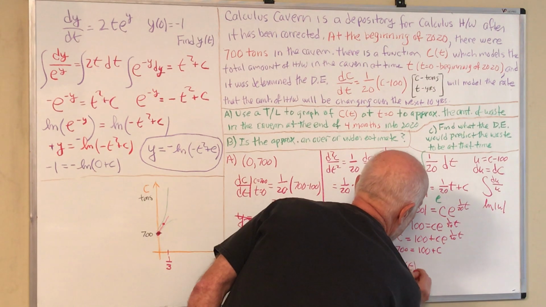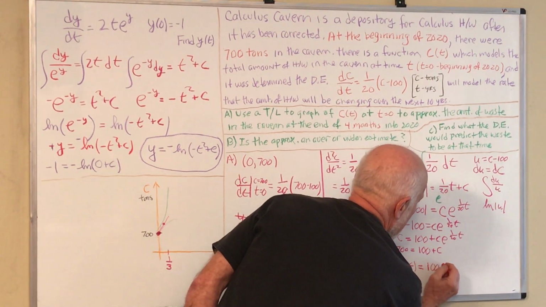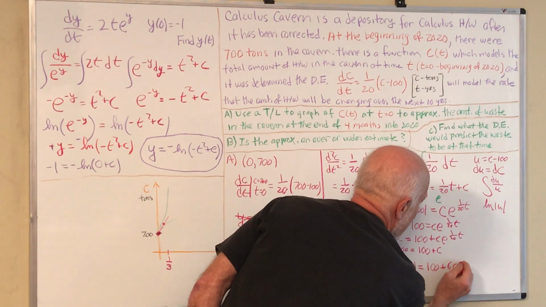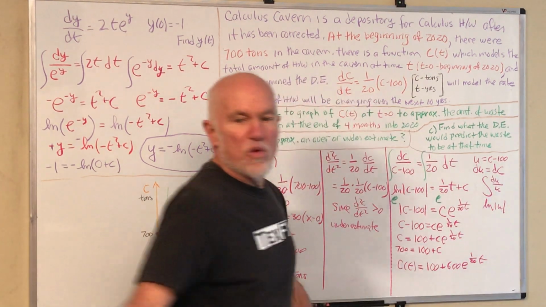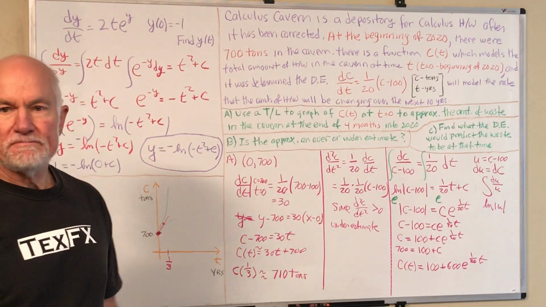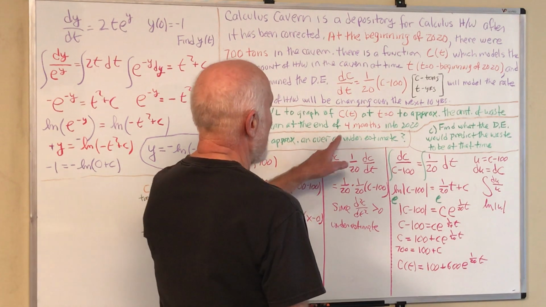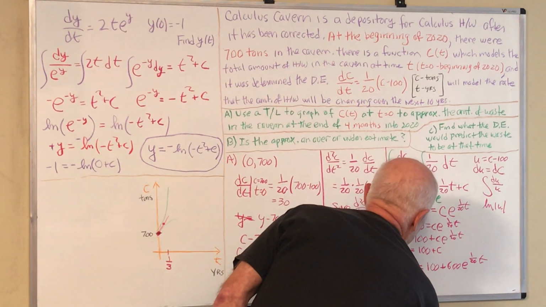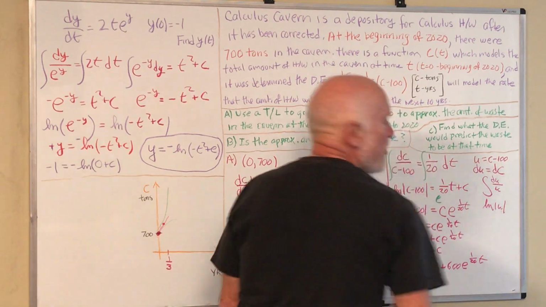So your final expression is 100 plus 600 e to the 1/20th t. And from that, you should be able to figure out what the real c of 1/3 is.